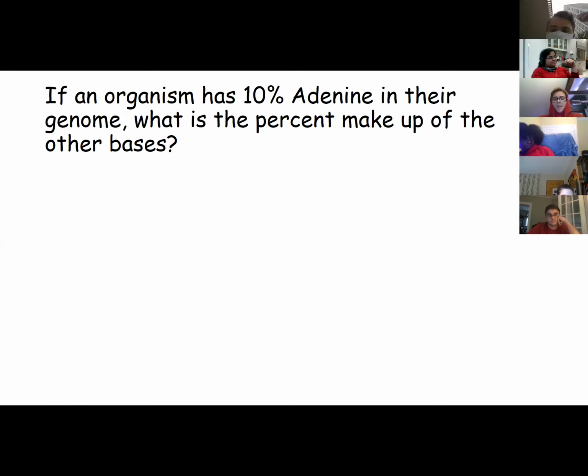I think I remember in the reading that the guanine and cytosines are a third or half, but I can't remember what the percentage was. Well, if adenine is 10%, thymine would also be 10%, and then whatever portion is left, that's 80%, your cytosine and your guanine would be 40 and 40.